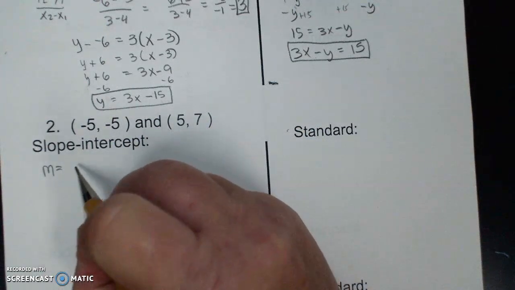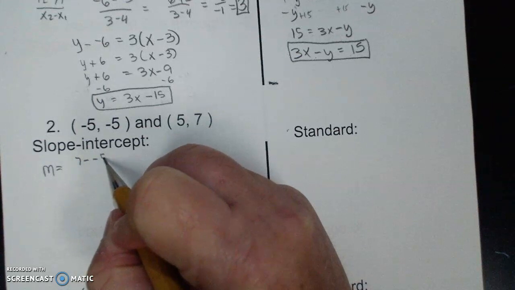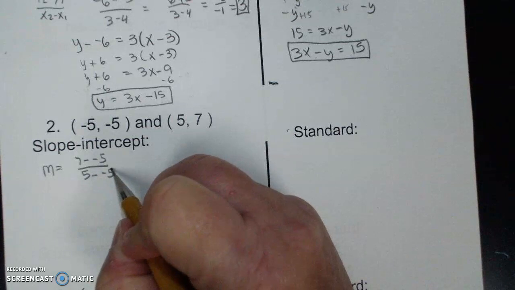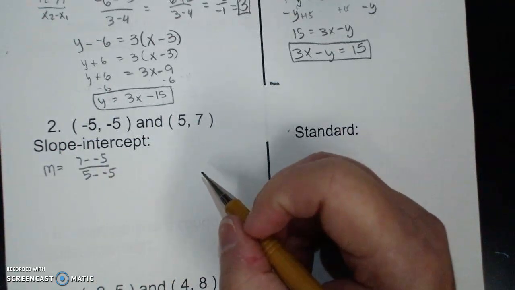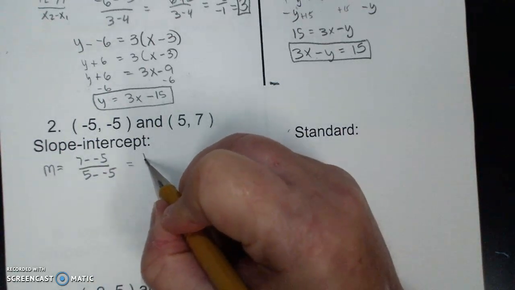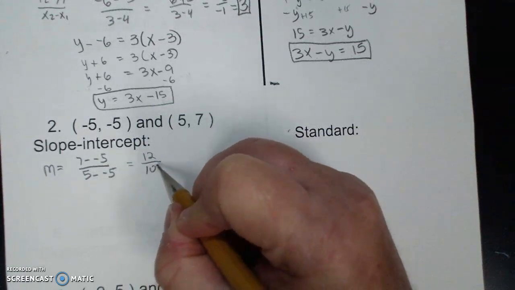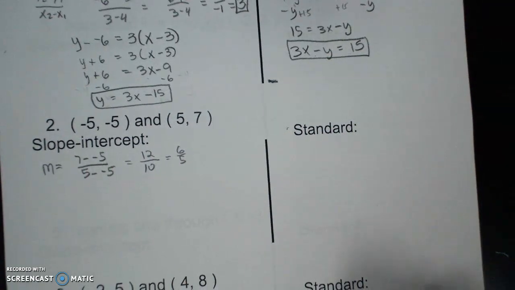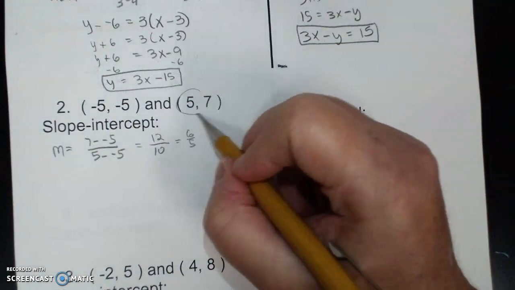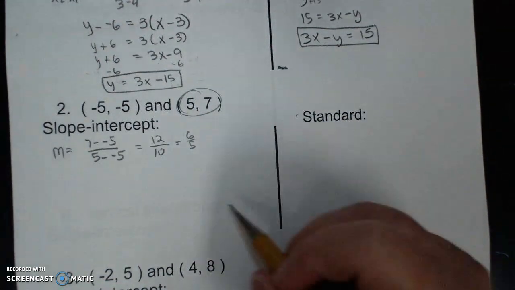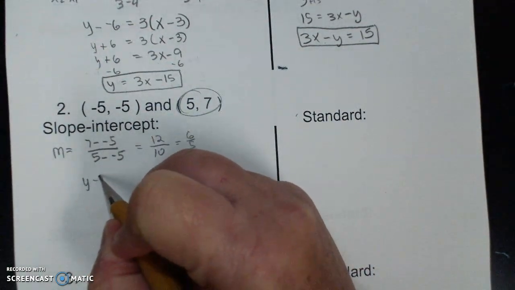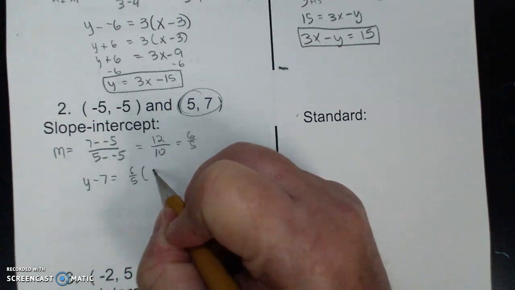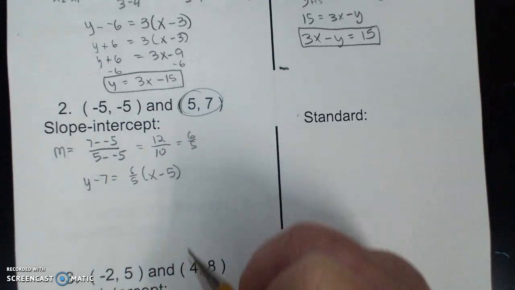Slope is 7 minus -5 over 5 minus -5, which is keep, change, flip, 12 over 10, which is 6/5. From that, I'm going to use point slope. I'm going to use that point because there are lots of positives. So it's y minus 7 equals 6 over 5 times x minus 5.